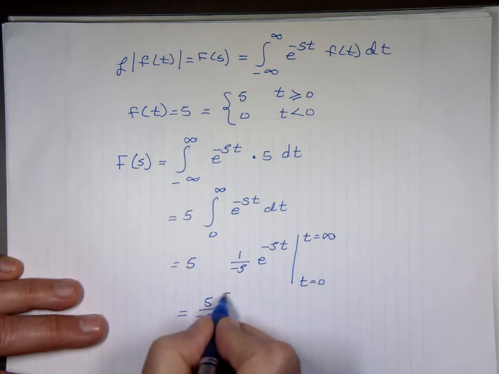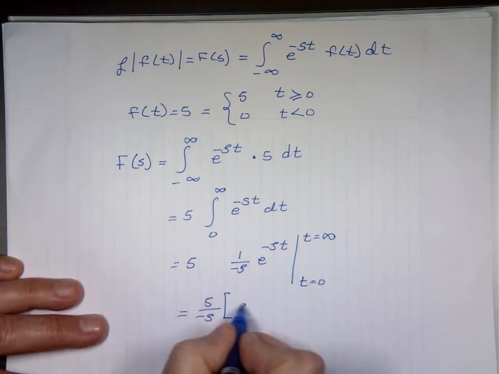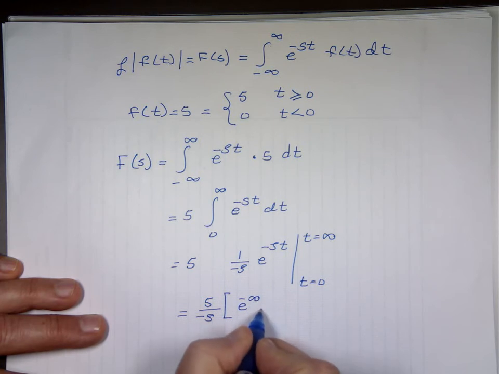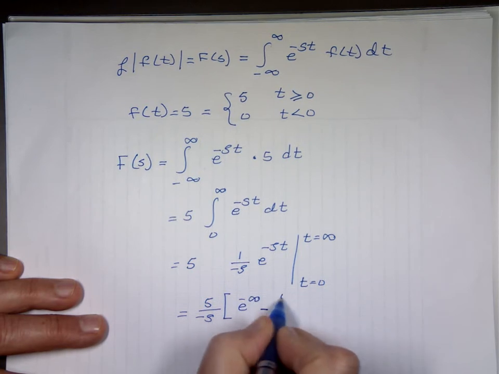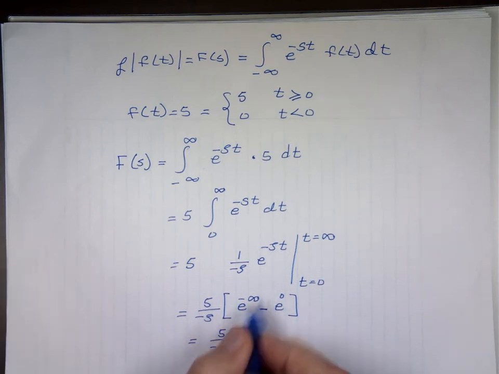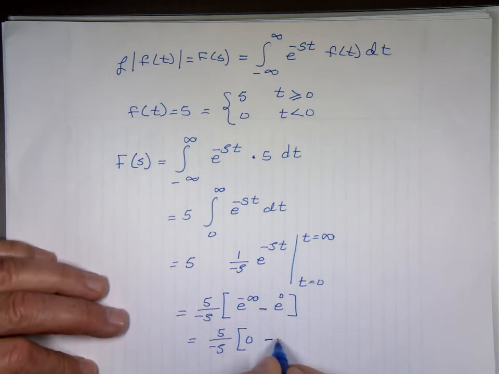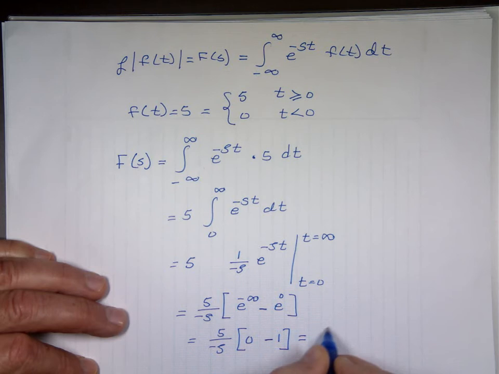Let's plug in the limits. The upper limit first. That's e to the negative infinity minus e to the 0. Well, e to the negative infinity is 1 over e to the infinity, and that's a 0, minus e to the 0, which is a 1. So the Laplace of 5 is 5 over s.